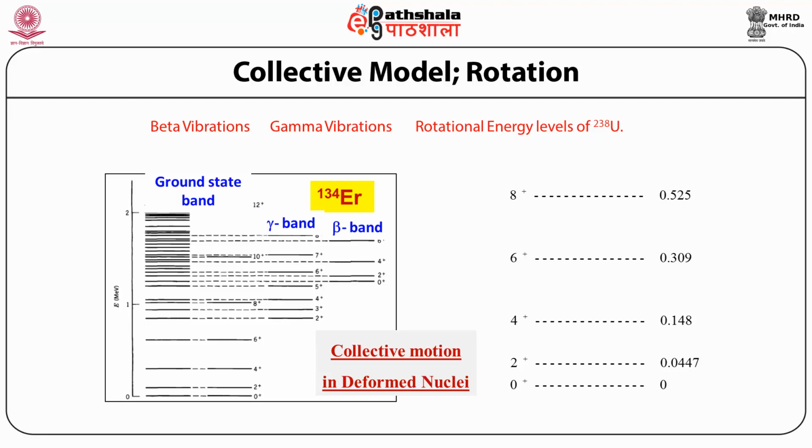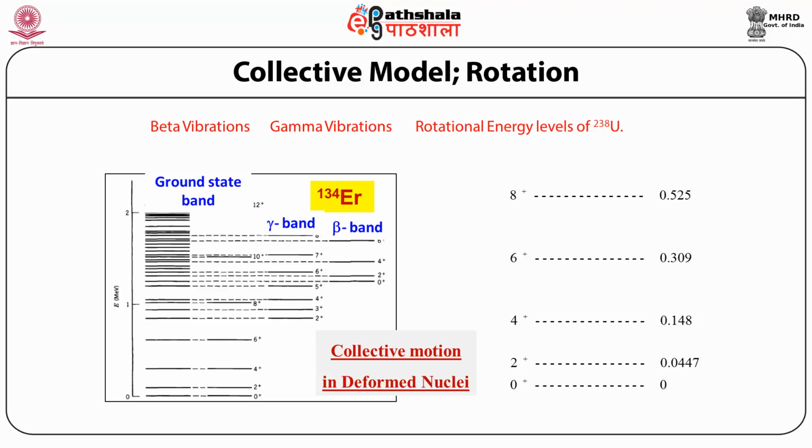In the left hand side picture, the vibrations of an axially deformed nucleus 134 are shown, whereas on the right hand side picture the rotational energy levels of an axially deformed nucleus 238 uranium are shown. In the left picture we observe a normal ground state band, and two additional side bands, the gamma band and beta band.